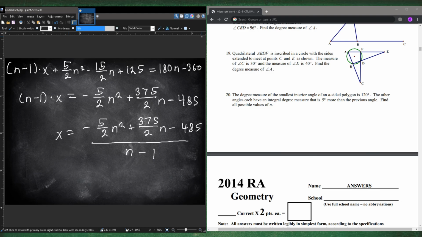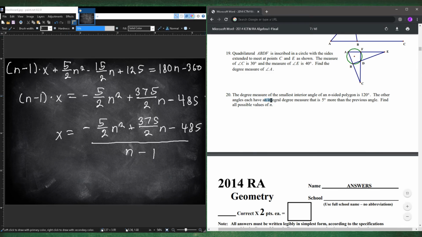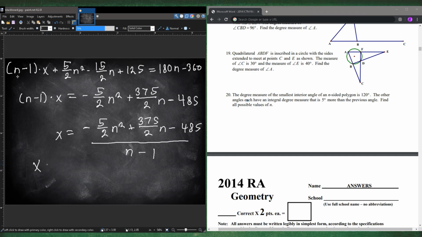Based on our question 20, x has to be greater than or equal to 120, and x also has to be an integer. So now we're going to plug this formula into our calculator, and then find out what values work.